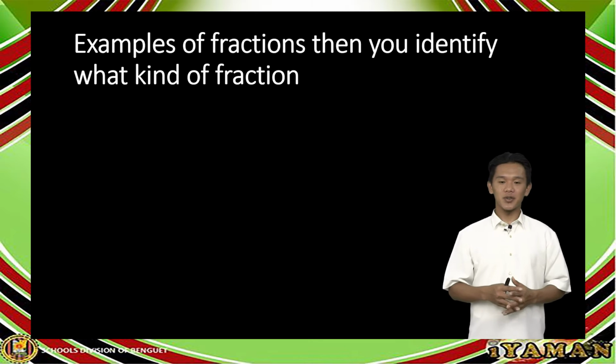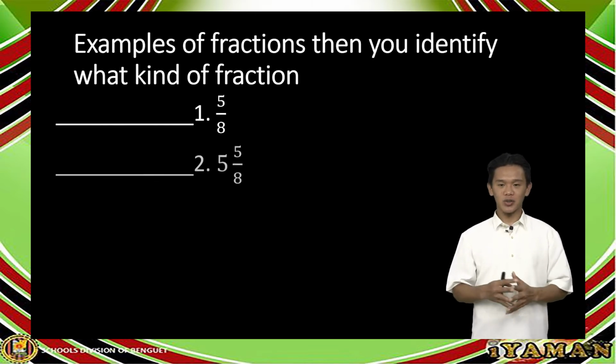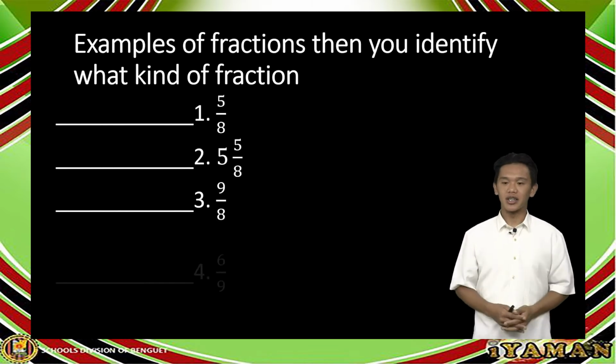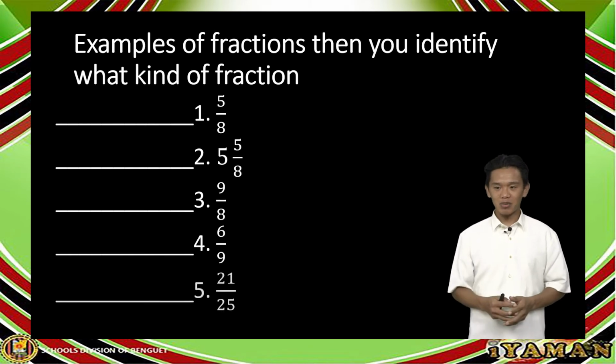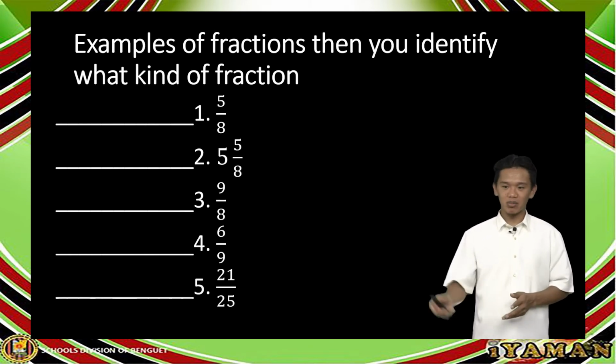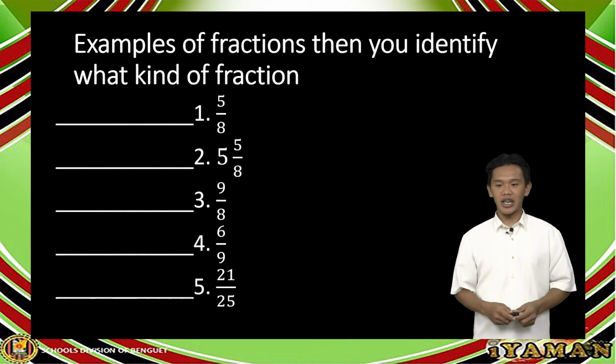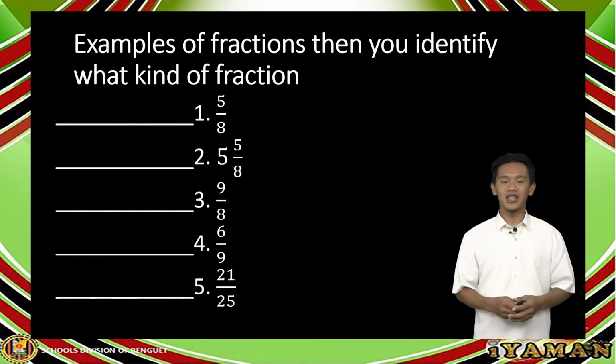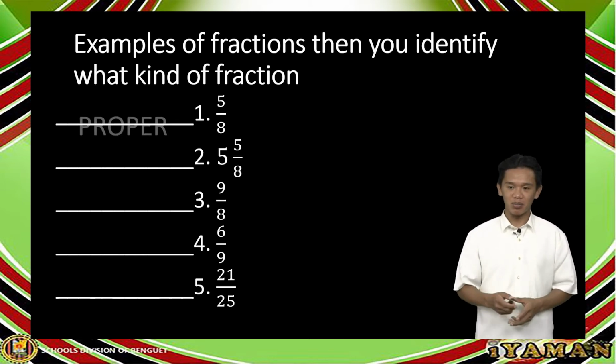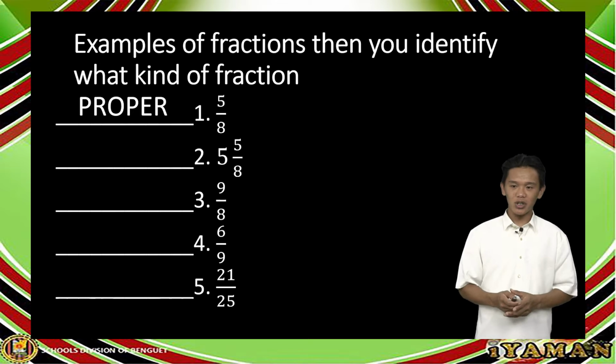Let's have some examples of fractions, then you identify what kind of fraction is being presented. We have examples number 1, 5/8, until number 5. Number 1, 5/8. Since 5 is lesser than 8, that is a proper fraction. Number 2, 5 and 5/8.